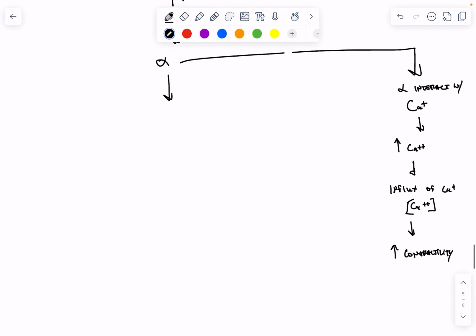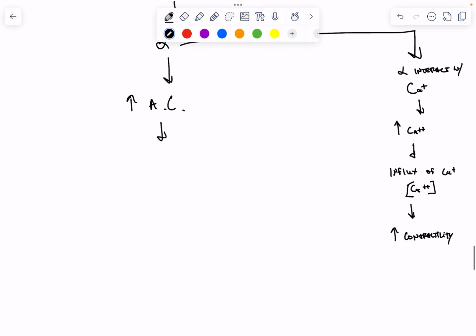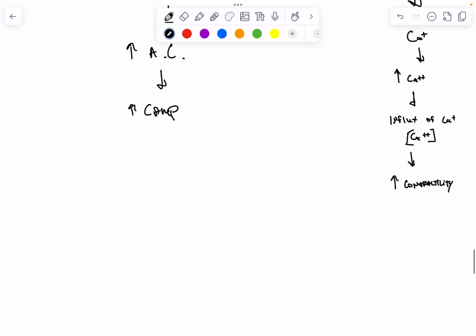The heart can also increase contractility once these alpha subunits do their job. These activate adenylyl cyclase, which we're just going to put as AC. Adenylyl cyclase increases cyclic AMP, cAMP.